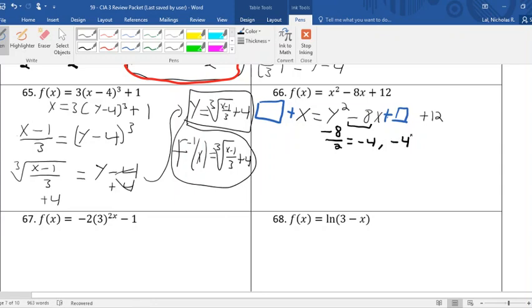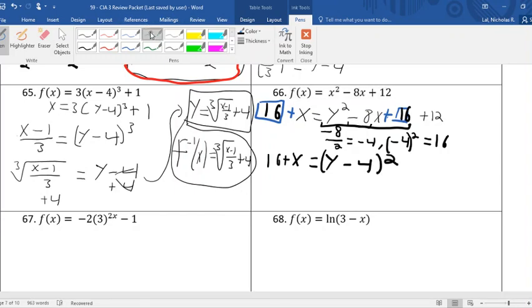Negative 4 squared is going to be equal to 16. So we're going to have 16 plus x is going to be equal to y. This perfect square term here will be y minus 4 squared. Notice the reason why I knew this was a factor is because that minus 4 corresponds to this minus 4. Y minus 4 squared plus 12.